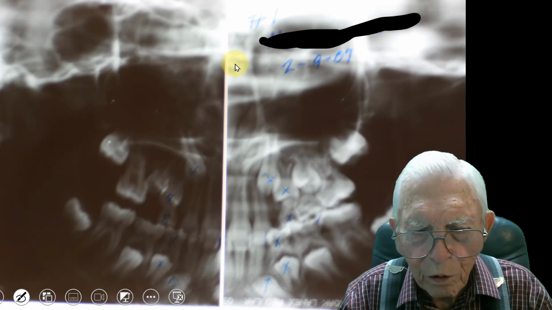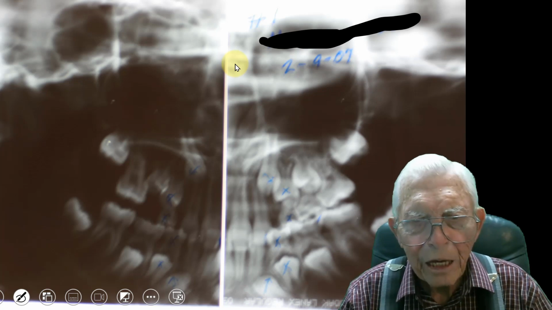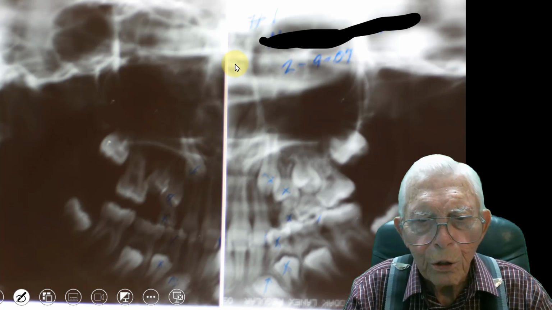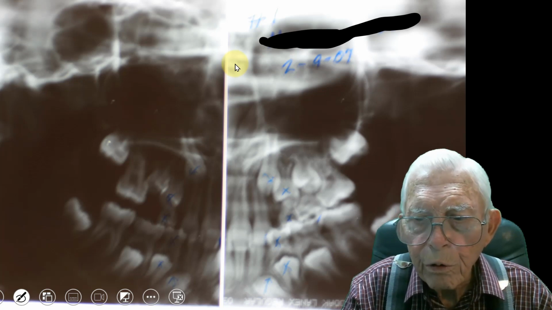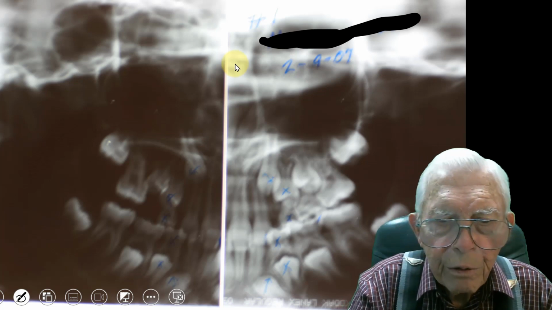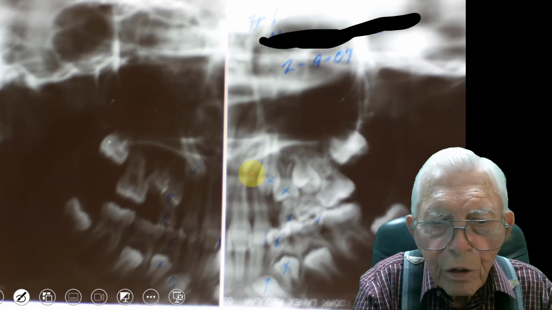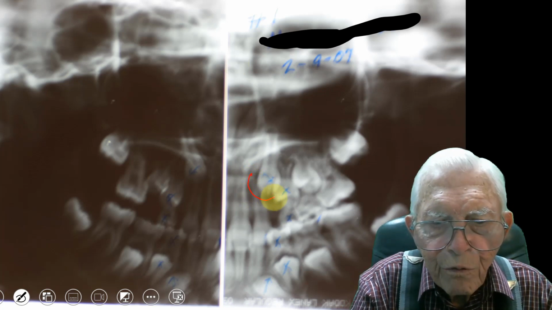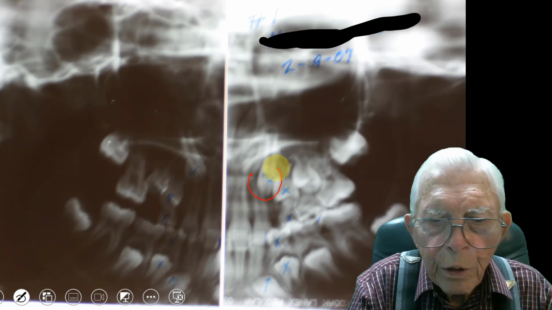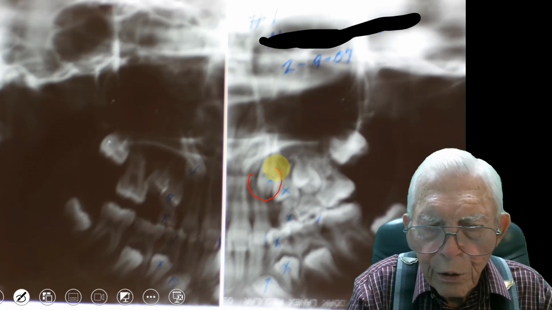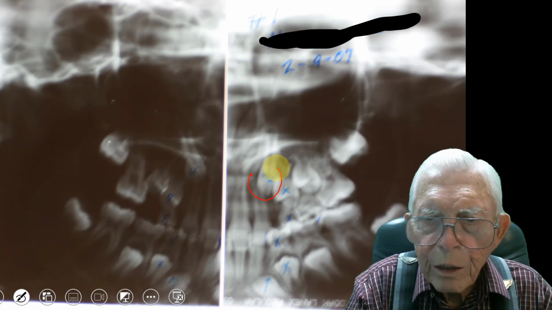Now, the follicle is a sac that is around each tooth. On this x-ray, see this cuspid tooth here, it has a follicle around it. When it runs up against another tooth, it makes a dent.